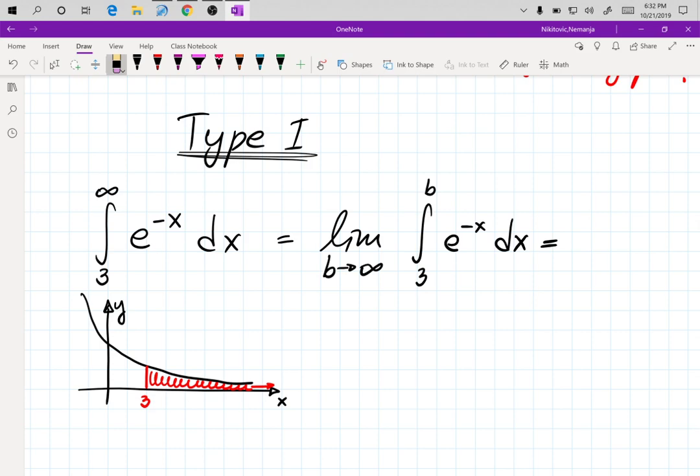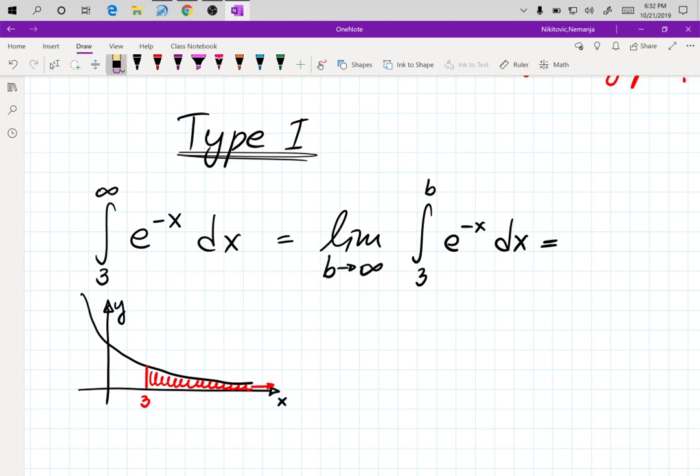Anyway, what's the integral of e to the negative x? Negative e to the negative x. Beautiful. Computed from 3 to b, and then we say limit b goes to infinity, and we have negative e to the negative b plus e to the negative 3.